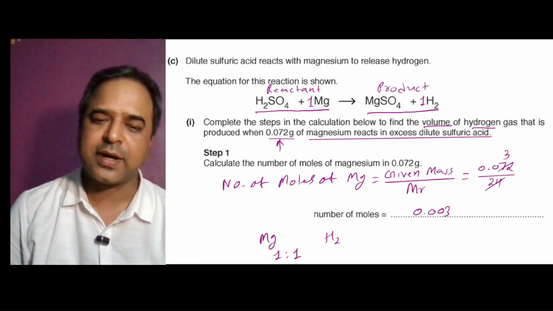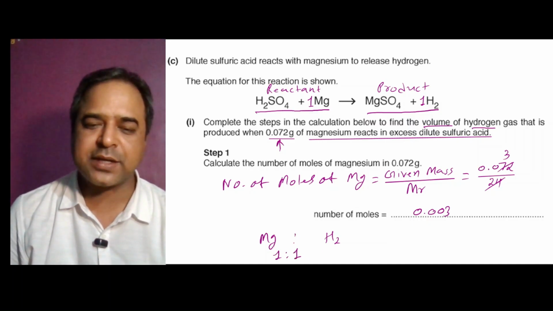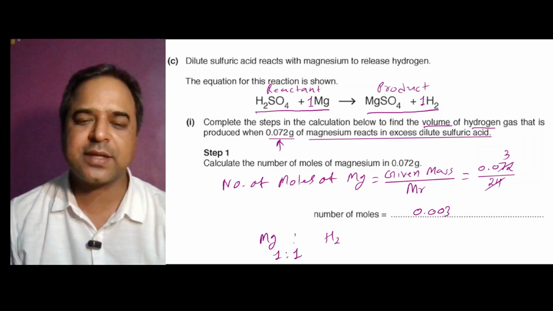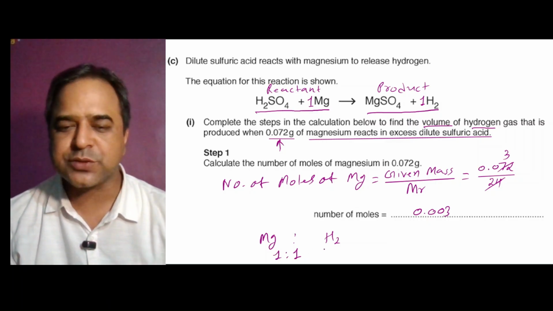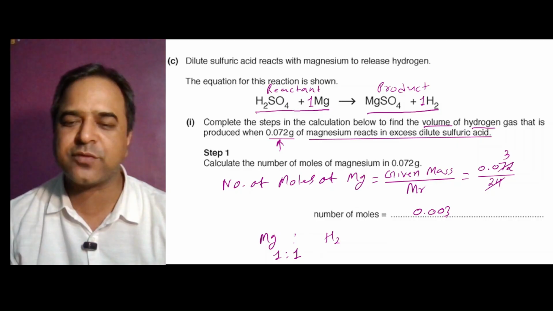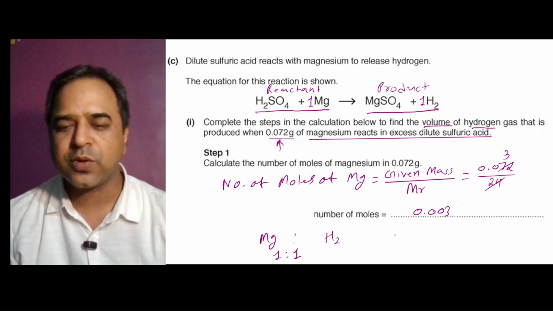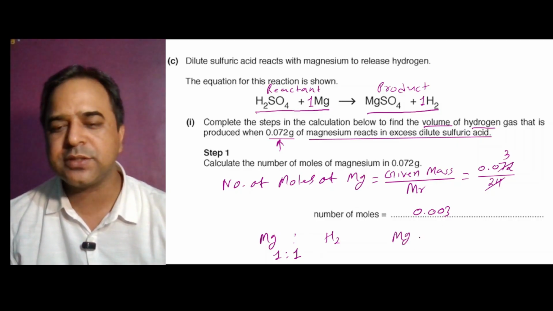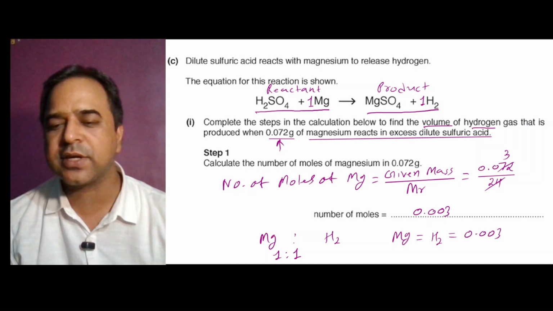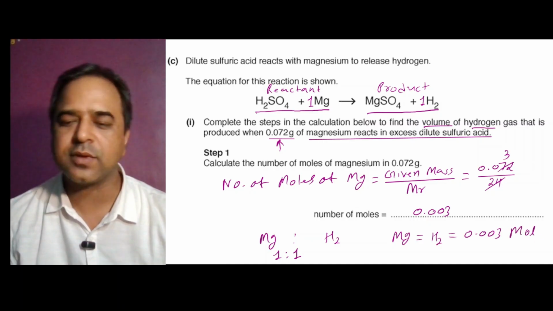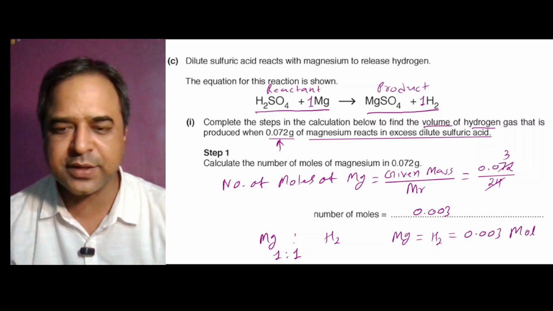This is for your understanding. So if magnesium is 0.03 mole, hydrogen will also be 0.03 moles. Okay, this much you understood.